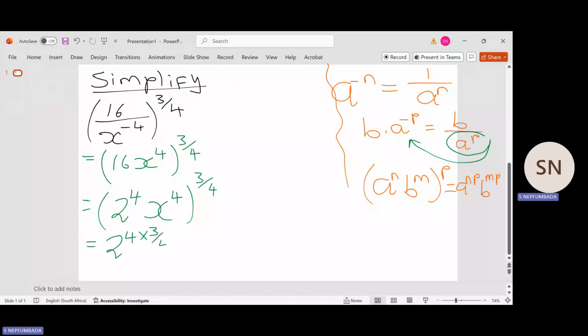So if you check it clearly, you can tell that our 4 and 4 are going to cancel each other, and our 4 and 4 are going to cancel each other, so that we are going to be left with 2 to the power of 3 x to the power of 3. So we can evaluate our 2 to the power of 3 on the calculator, then it gives you 8. Then this one we copy it the way it is: 8x to the power of 3.